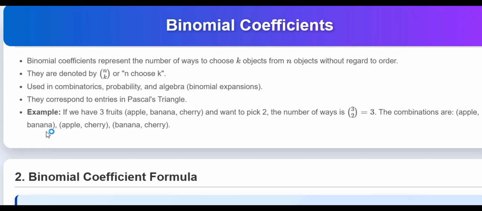That is the first pick. Then again, pick an apple and cherry. That is the second pick. And I can also pick a banana and cherry. That is the third pick. So I can combine these fruits in 3 different ways and then pick. That's why we say we can pick 2 fruits from the 3 in 3 different ways.